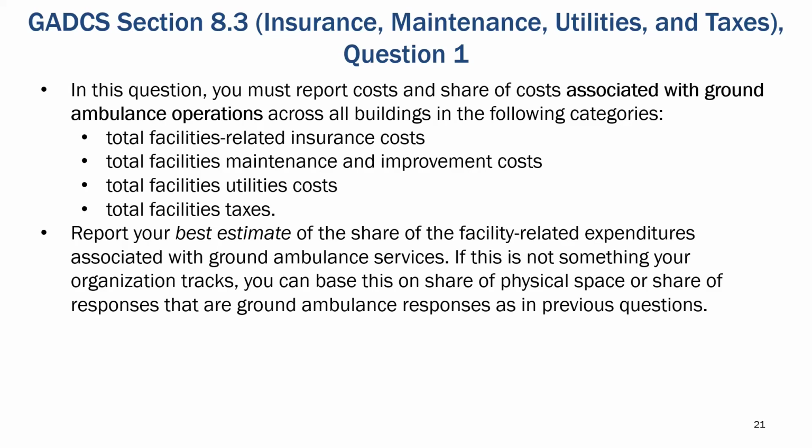You could split up utilities or insurance costs based on space or the share of responses that are ground ambulance responses. Or if you have another approach, preferably one anchored in something you can measure, you can use that too.